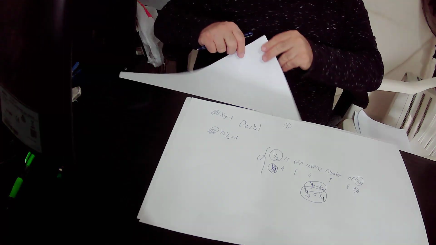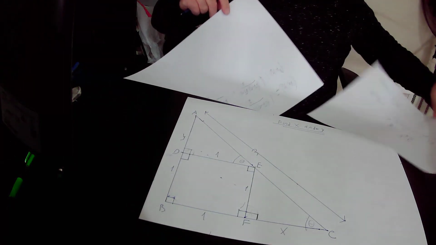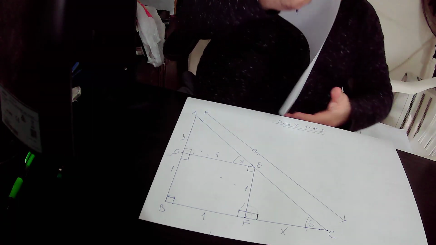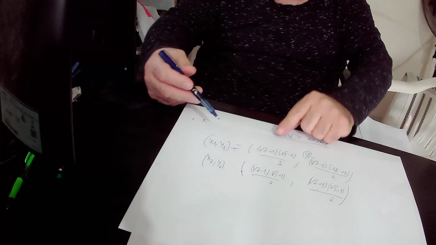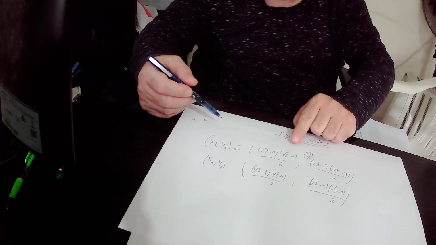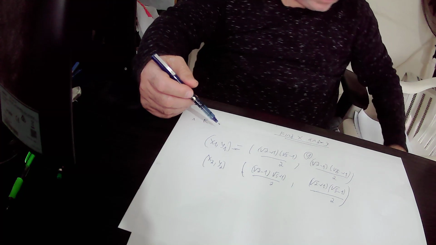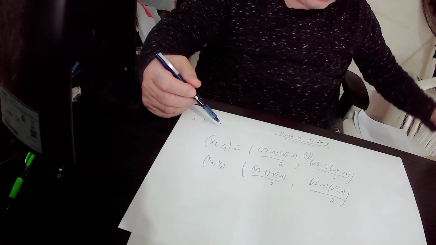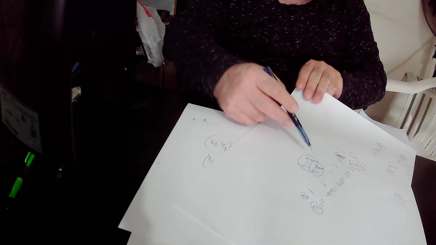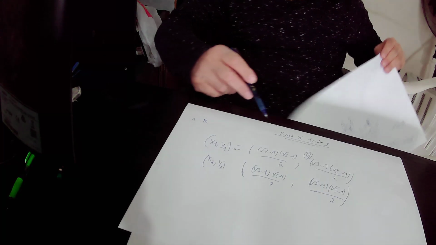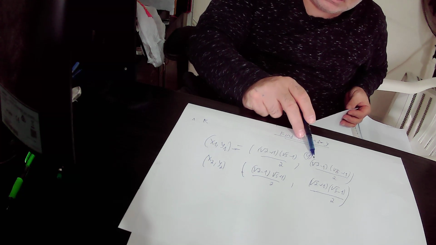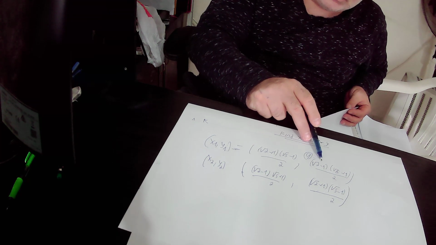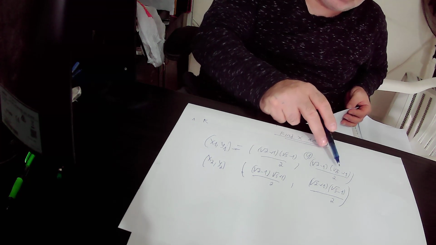And therefore, the solution to the question is that the first solution is x1 and y1. x1 equals square root of 2 plus 1 times square root of 5 minus 1 over 2. And y1 equals x2, that is square root of 2 minus 1 times square root of 5 plus 1 over 2.